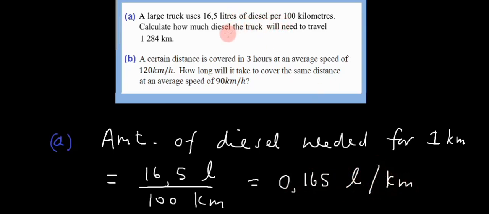We want to know how much diesel is needed for 1,284 kilometers. And we know the amount of liters needed for 1 kilometer. So we simply multiply 1284 here by 0.165.